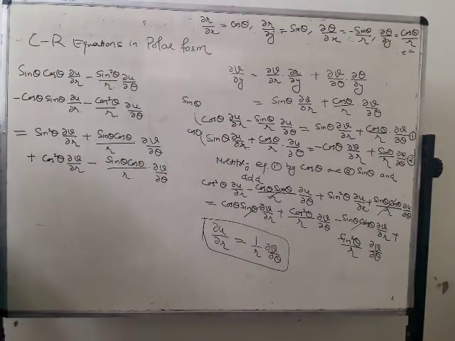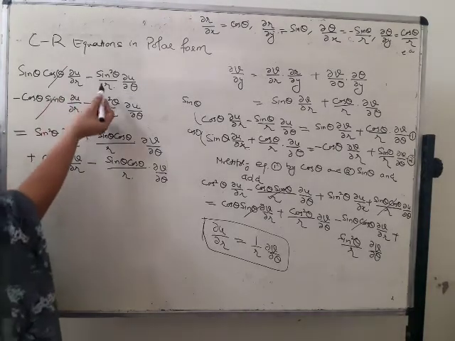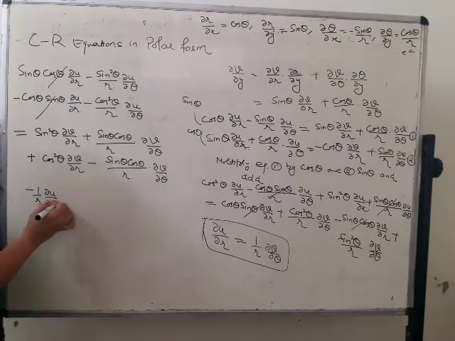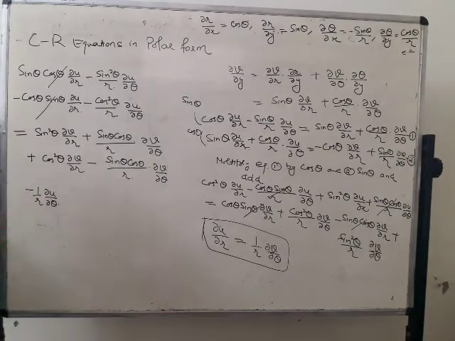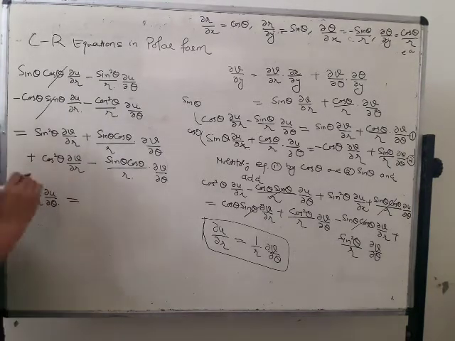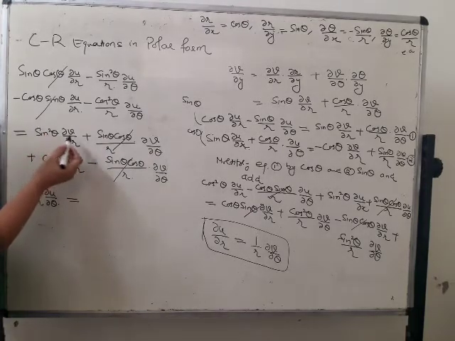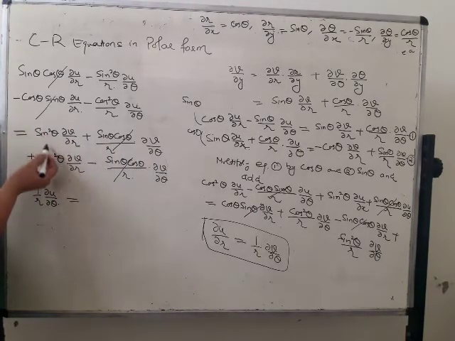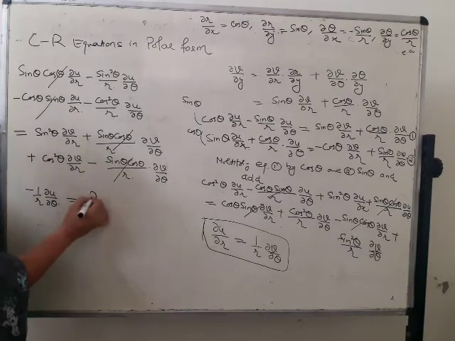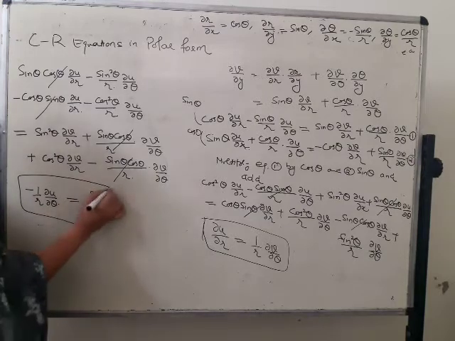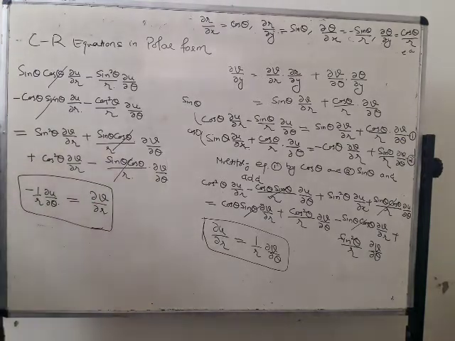In the left hand side this term cancels out with this one, take terms common from these two, minus 1/r ∂u/∂θ, then we are left with sin²θ plus cos²θ, which is 1. In the right hand side this term cancels out with this one, again take ∂v/∂r common, we are left with sin²θ plus cos²θ, which is 1. This is the second CR equation in polar form.